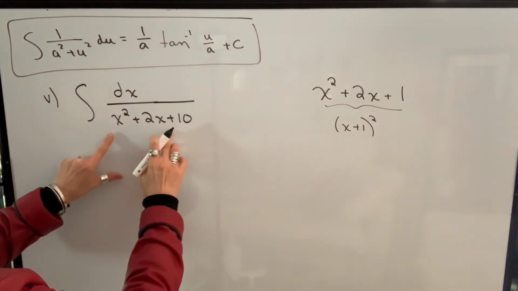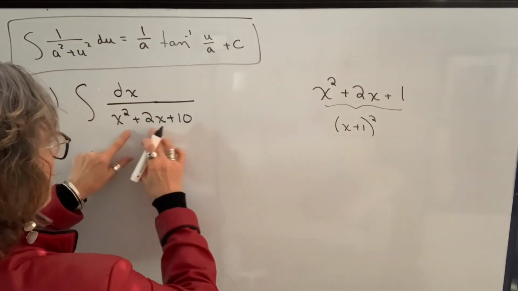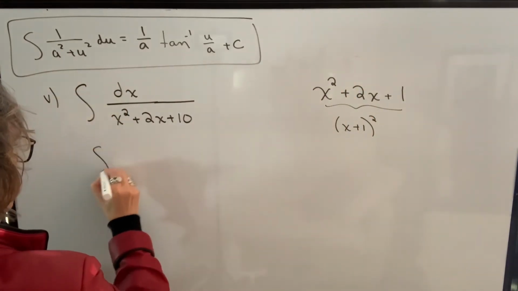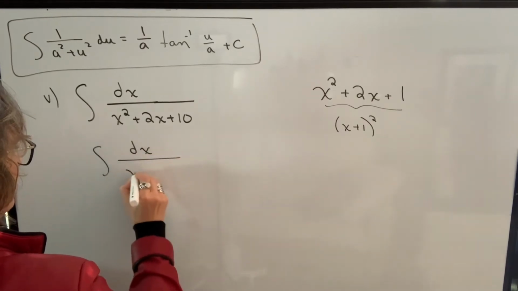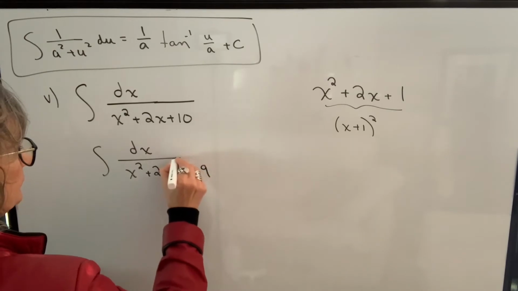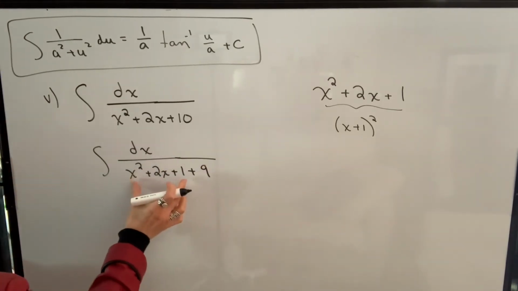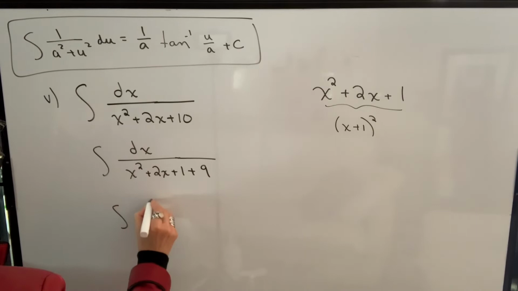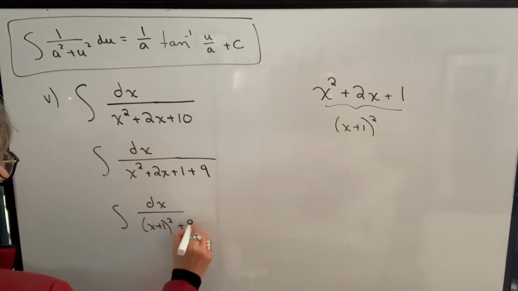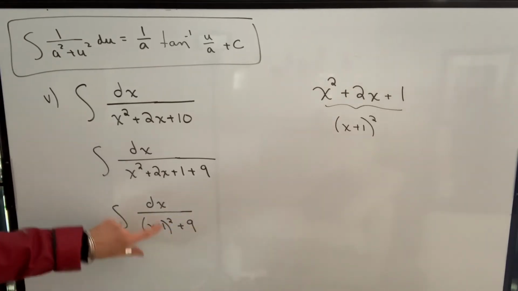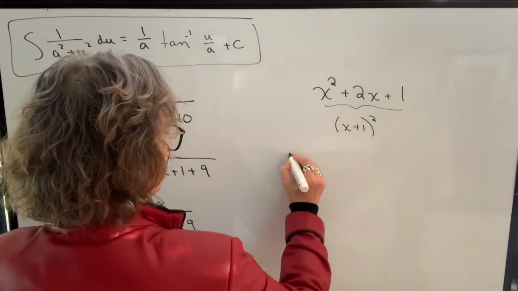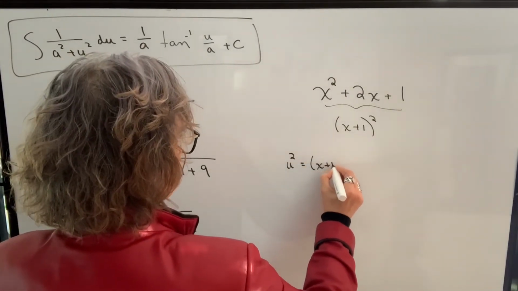So what we're going to do is see if we can get a perfect square in this denominator. Can we break 10 into 1 plus something? We can write 10 as 1 plus 9. Now, this is a perfect square. So I write it as x plus 1 squared. Now it looks like it might fit this pattern, where u squared is x plus 1 squared.